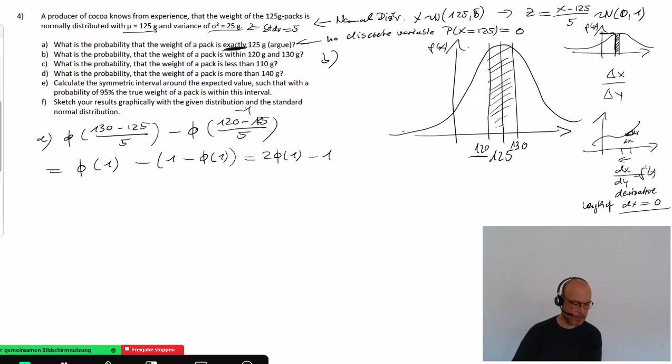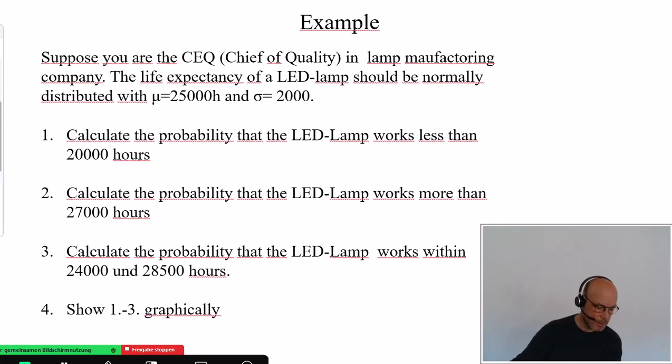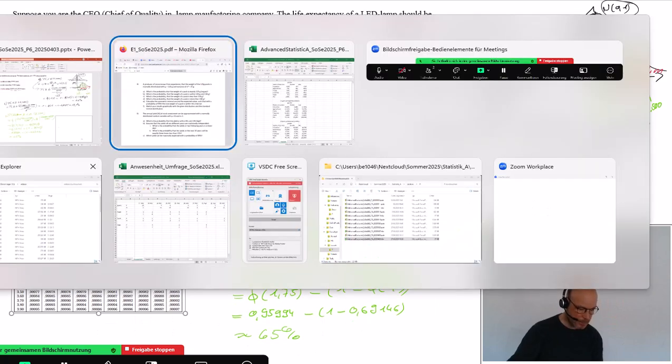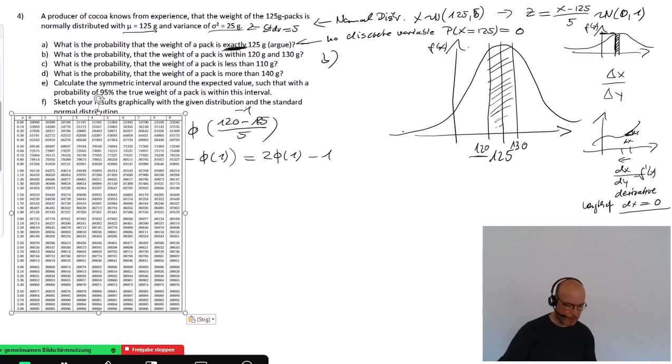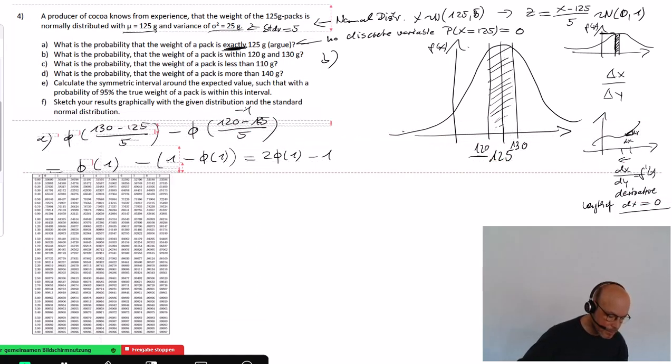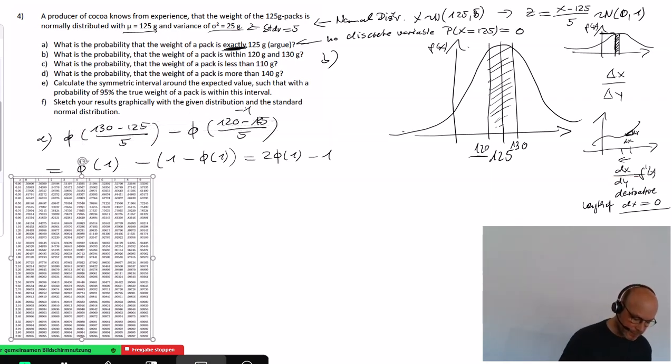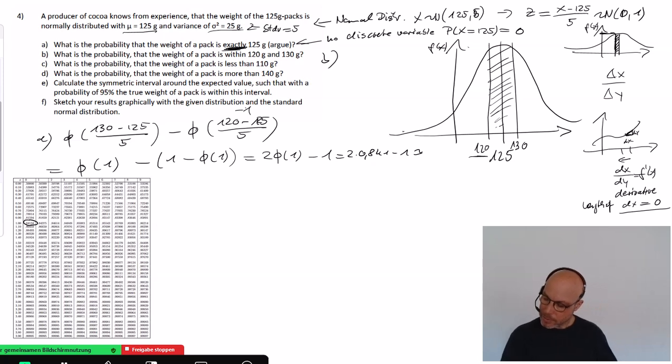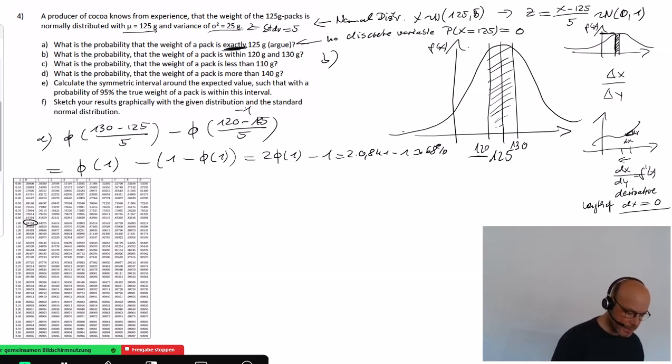And then let's take our normal distribution table, and phi of 1 is 0.841, so 2 times 0.841 minus 1, and this I had already calculated. This is then 68%.